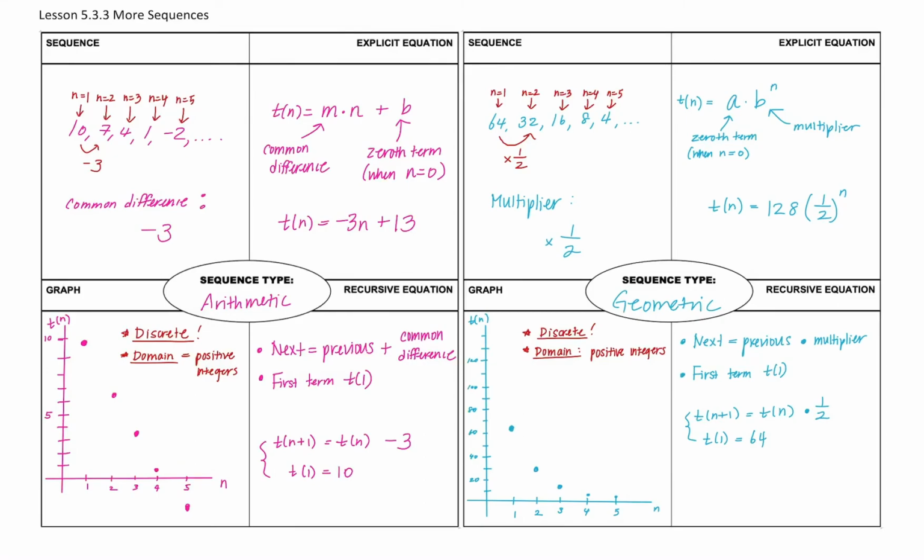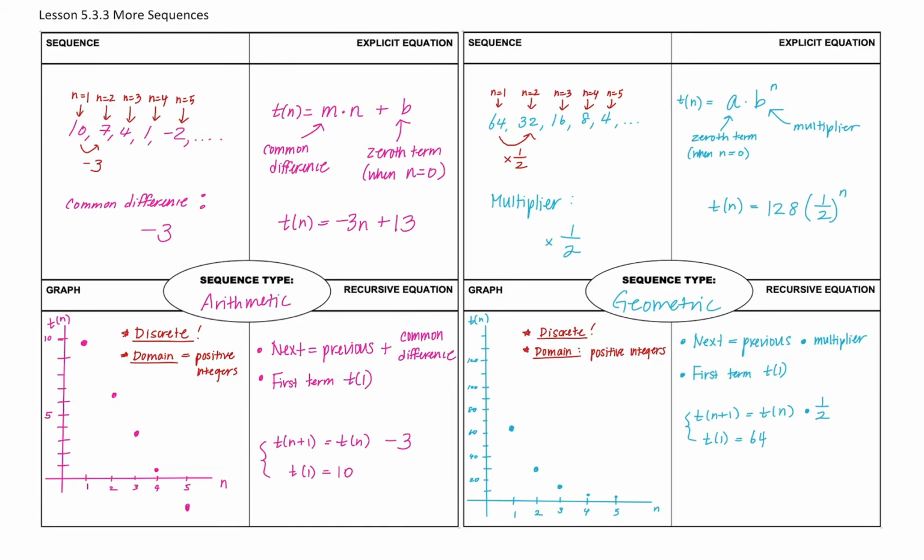All right, so for the first part of the video lesson, you can refer to the handout that I posted on Canvas. The handout will have the blank Frayer model for you, and this is optional, but I would recommend it if you want to have a very good summary of the arithmetic and geometric sequences.